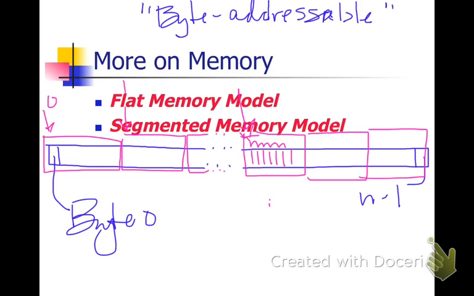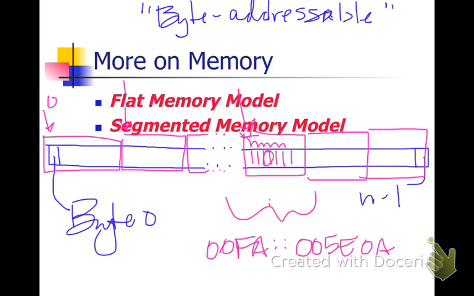So in segment offset, or segmented memory, you will see addresses not as 32-bit addresses, but as segment offset pairs. Back in the old days, you might have seen something like this. Let's just give an example, where this was the segment and that was the offset, or how many bytes away from the beginning of the segment is the byte I need to get to.